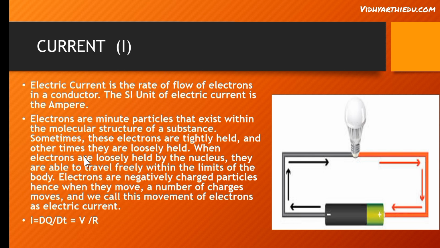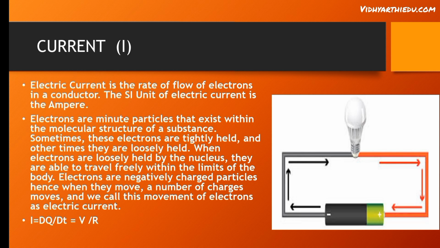See in this diagram, one cell or battery is connected to a small electric bulb through conductors or wires. Wires are generally made of conductors such as aluminum or copper.